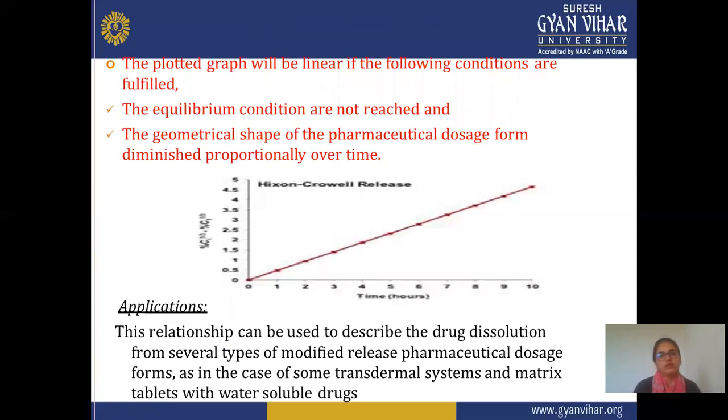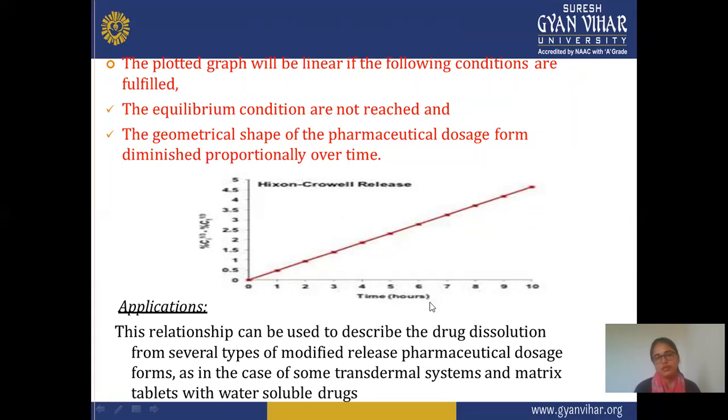It's a plot for the Hixson-Crowell model. This plotted graph will be linear if the following conditions are fulfilled: equilibrium conditions are not reached, and the geometrical shape of the pharmaceutical dosage form diminishes proportionally over time.